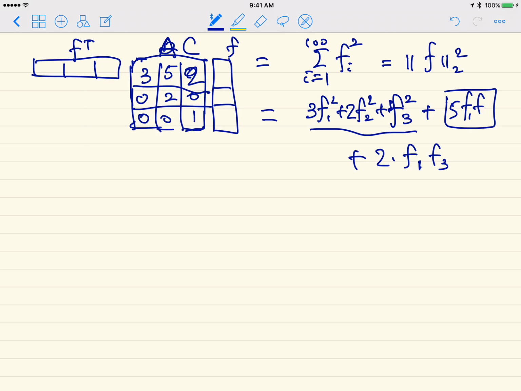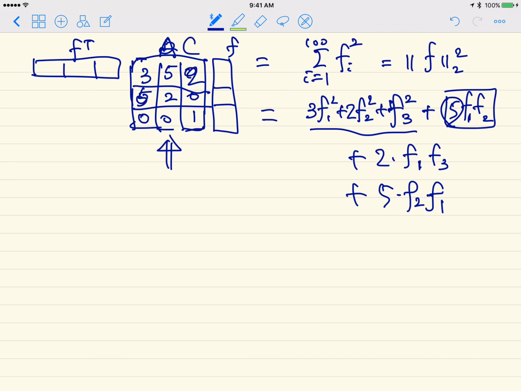Okay, so if we have a symmetric matrix, for example 5 as here as well, and this 5 is 5 f1 f2, but we additionally have 5 f2 f1, right?